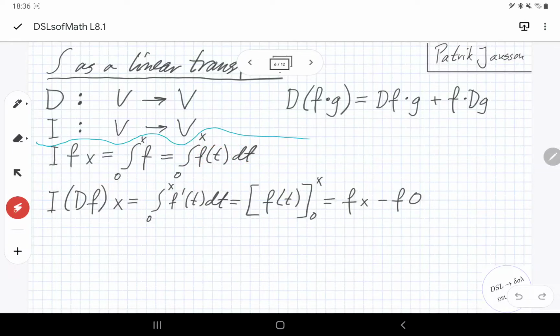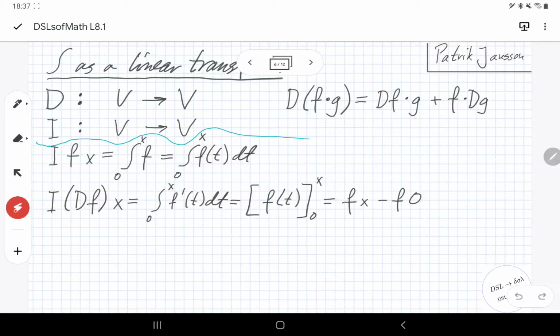So the area under the curve. And if f is already the derivative, then we can compute here the integral of the derivative of f. f at x is the integral from 0 to x of f prime of t dt.